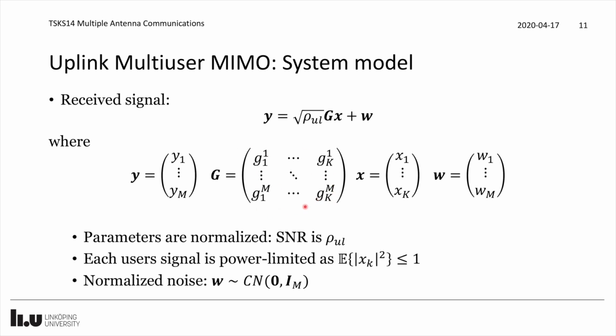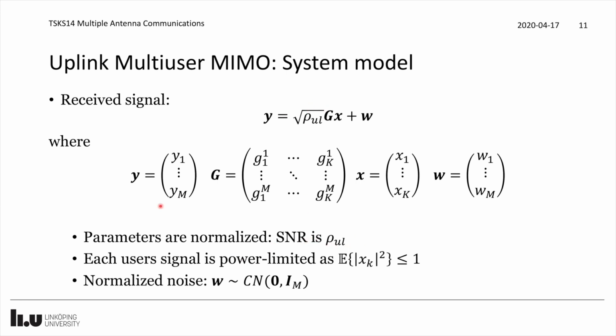And from now on, we will also start normalizing our parameters much more than we've done earlier, because I think now we know how to deal with those type of things. So we will say that we have rho uplink, or UL. This is describing some kind of normalized signal-to-noise ratio, and it's appearing here.